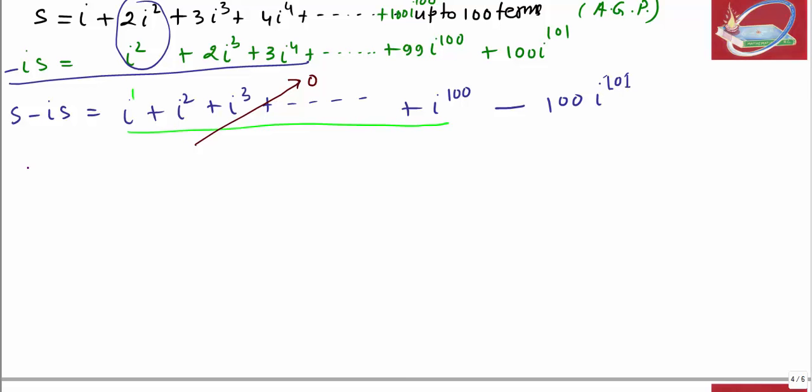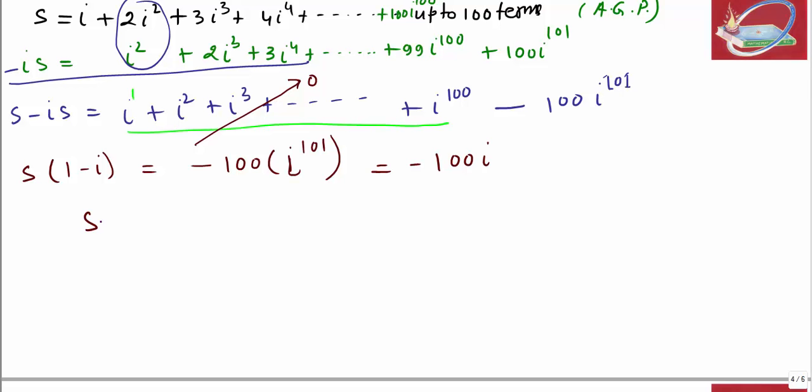So here we can take 1 minus iota common, which is equal to minus 100 times iota to the power 101, and this can be written as 100 times iota. So s is equal to 100 times iota upon iota minus 1.